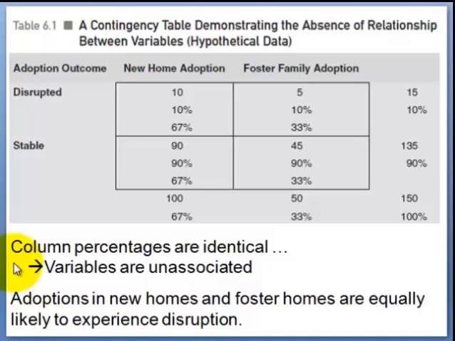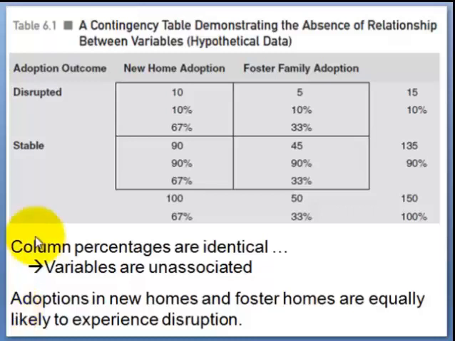But because the column percentages are identical, the variables in our sample are unassociated. So here the idea is that new home adoptions and foster family adoptions are equally likely to experience disruption, and by the same token, equally likely to experience stability.